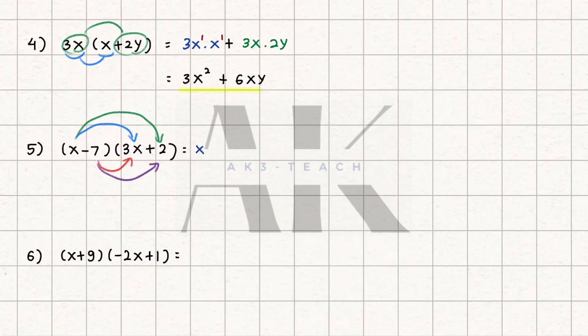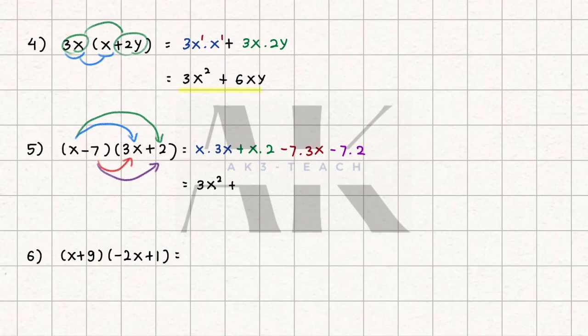The blue one says I have x times 3x, and then for the green one, I have x times 2. The red one, negative 7 times 3x, and then the purple one, negative 7 times 2. Now we'll combine. For this one, just like what we did in question 4, x times 3x becomes 3x squared, or 3x to the power of 2.